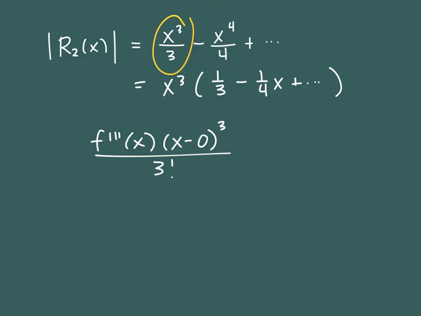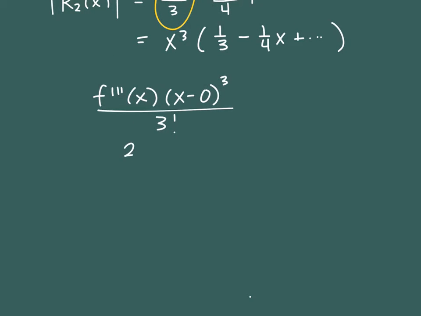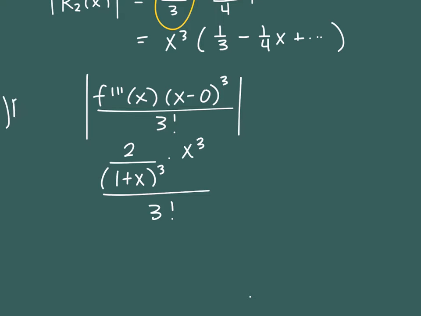And that's what we're going to focus on in terms of our error. So what is the third derivative of this? I worked it out. The third derivative is 2 over 1 plus x cubed. And we've got times x to the third over 3 factorial. This is our remainder.